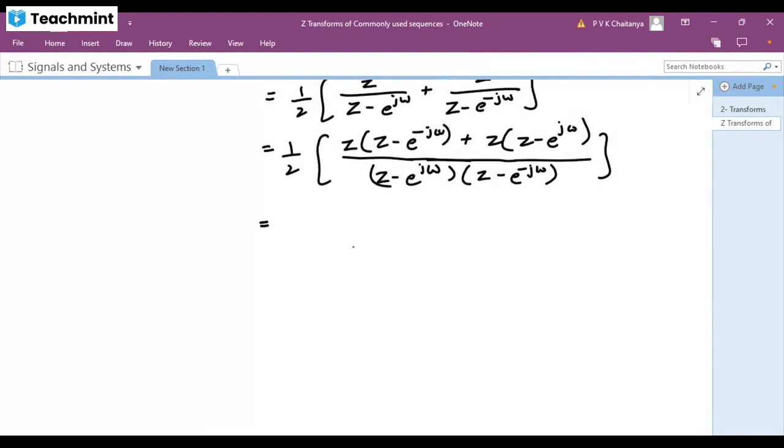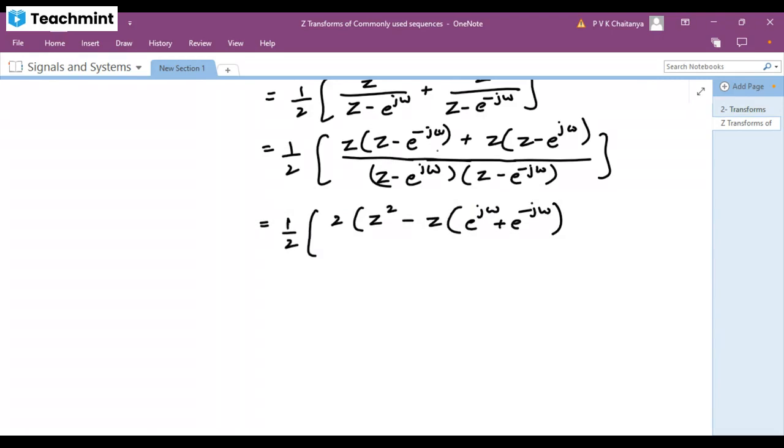So I can write this as 1 by 2. z square plus z square, I will be getting 2 z square. Next, z into e power minus j omega minus z into e power j omega, so I'll be getting minus z into e power j omega plus e power minus j omega.